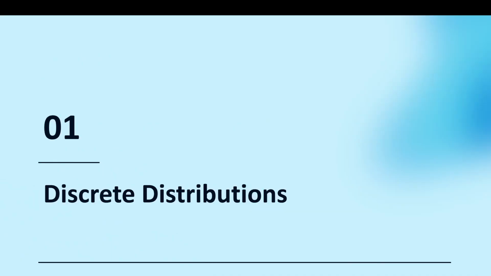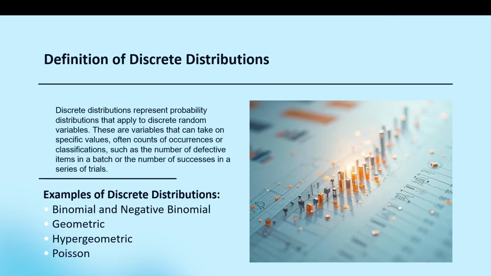So, discrete distributions, what are they? Discrete distributions apply to discrete random variables that take specific countable values, as we can see here. Some examples are the number of defective products in a batch, or the number of successes in repeated trials.